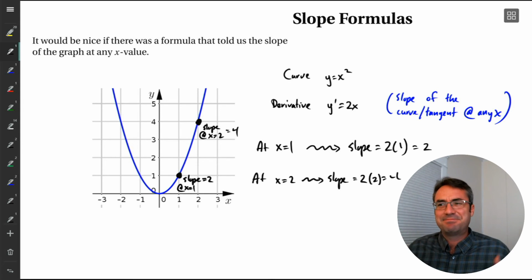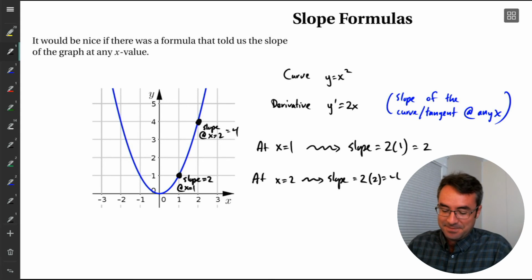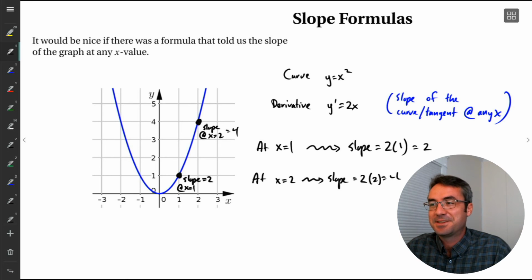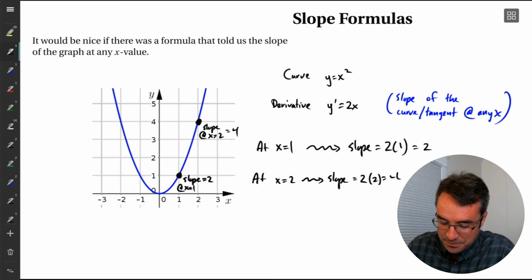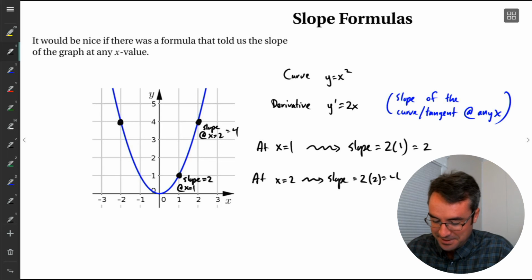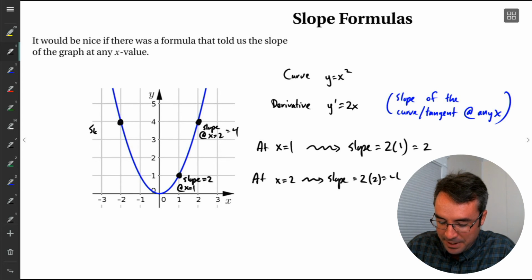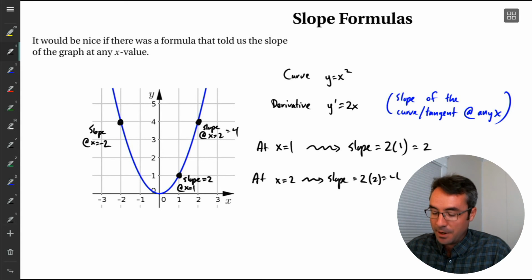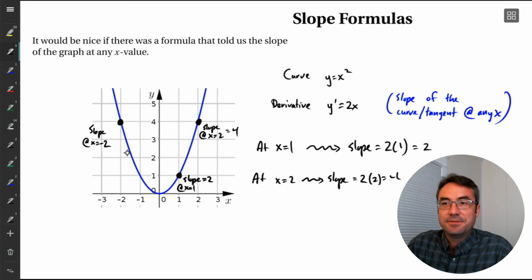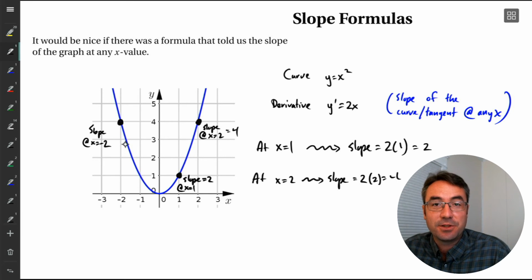So we could just do this all day long. Let's do one more point. Let's do -2, this point over here. What would be the slope at x equals -2? Well, we could draw in the tangent line and then estimate what the slope is.